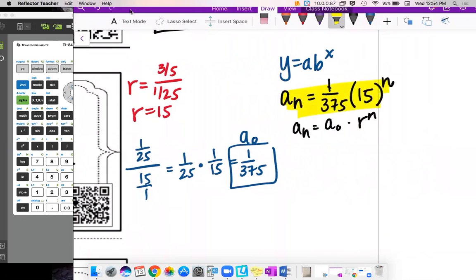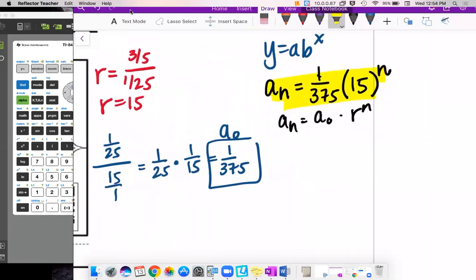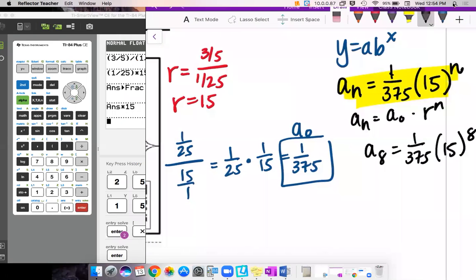And then they did want us to find, which term was it? The 8th term. So now if I want to find the 8th term, a sub 8, we do 1/375 times 15 raised to the 8, and then we would just type that in the calculator over here.